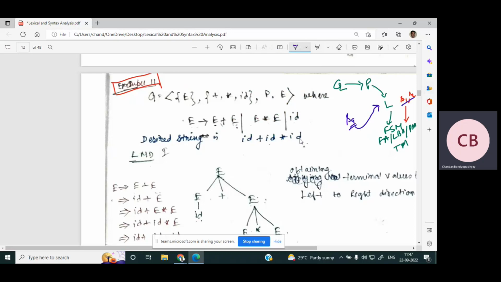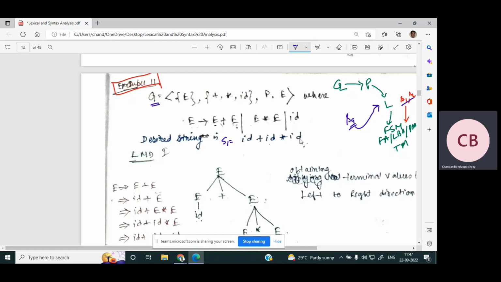Okay. Now, in the same way, for this grammar that I have taken here, I have taken a string, like S1 string I have taken. Let the string be ID plus ID star ID. This is the string. Correct. We are not talking about the machine, or we are not talking about the language here. Just we will be focusing on the production rule.